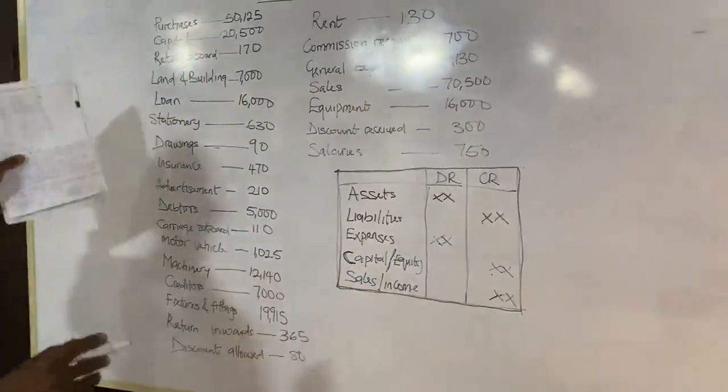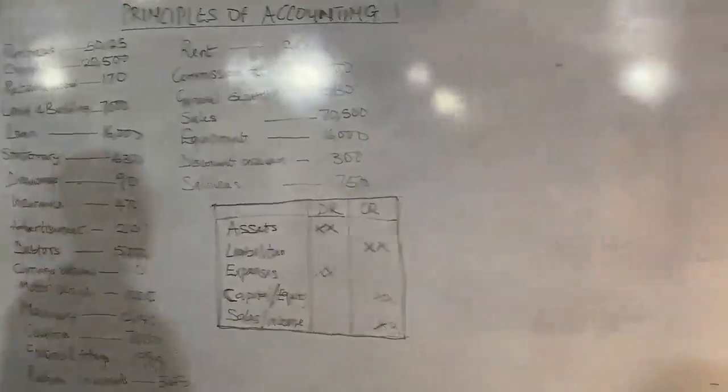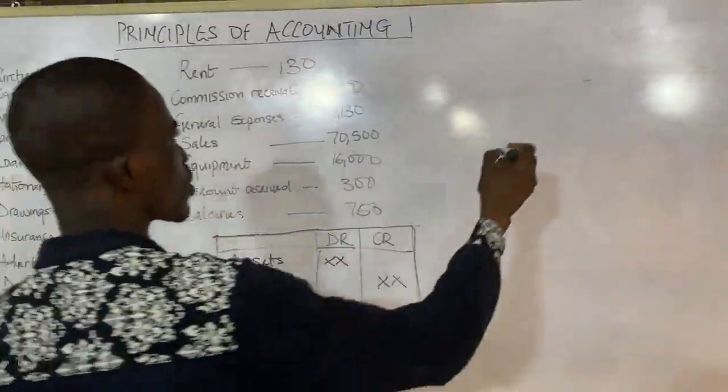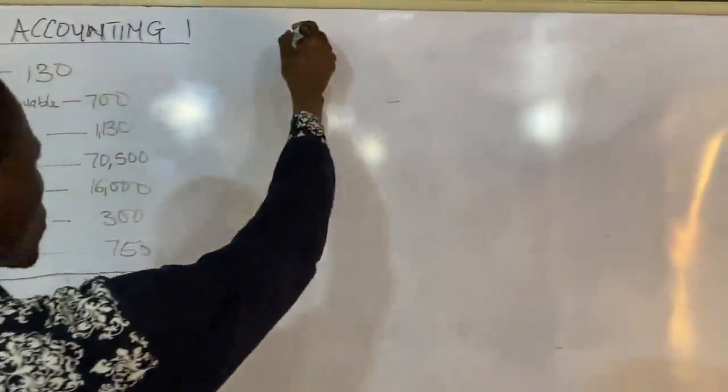Now let's prepare the trial balance for this. We'll take it one by one. Let's draw the table for the trial balance. There's a table for it.